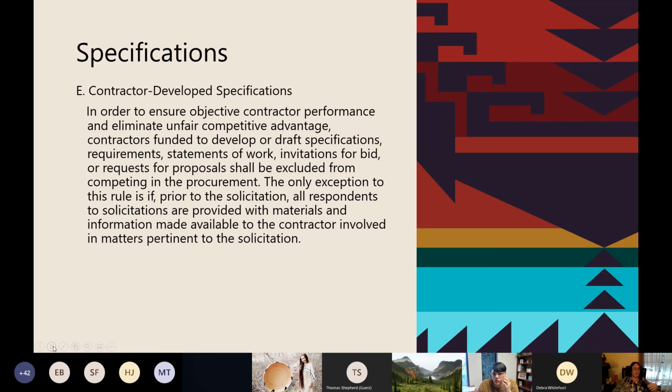You can't let somebody write the specs and then turn around and let them bid on it. The only exception to that rule is if, prior to the solicitation, all respondents to the solicitation are provided with materials and information made available to the contractor involved in manners pertinent to that solicitation. But I would not recommend even going down that hole.